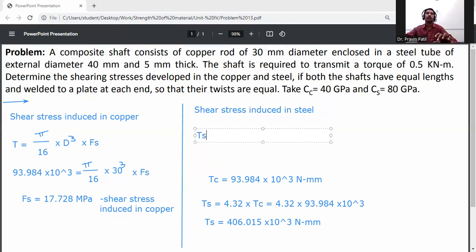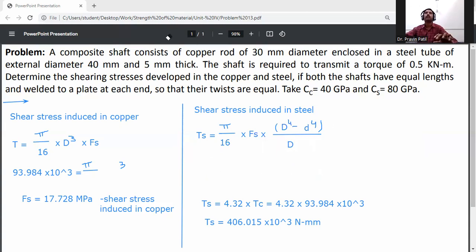That is Ts is equal to 5 by 16 into Fs into, in bracket, capital D raised to 4 minus small d raised to 4, divided by capital D. Okay.